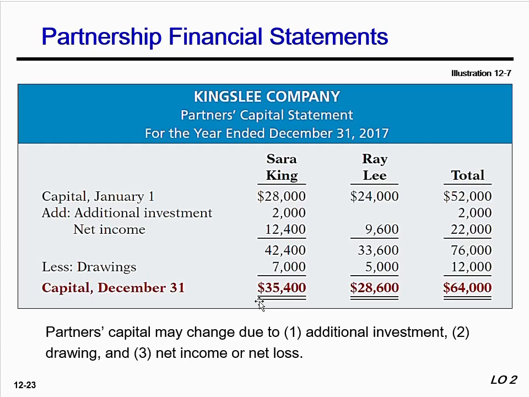In the question, if they tell you that Sarah also did drawing of 7,000, so her ending capital balance will be 35,400. So I'm going to deduct the drawings from the total added-up capital. Ray has a 24,000 opening balance. She doesn't make any investment during the year, but her net income receipt, can you see here how much she took?